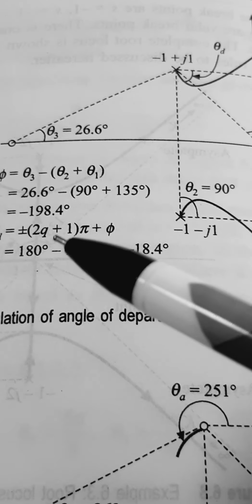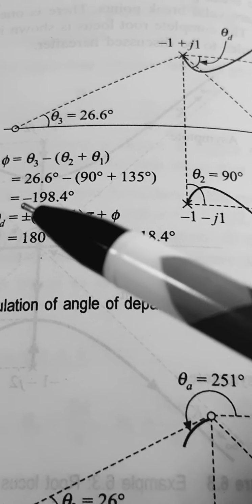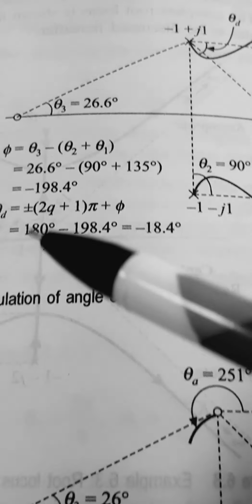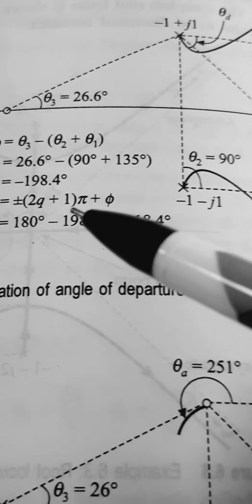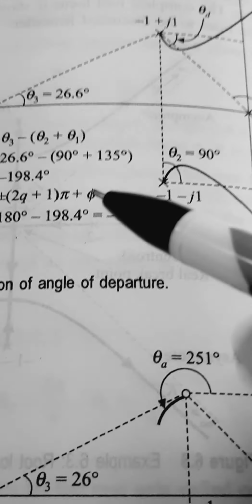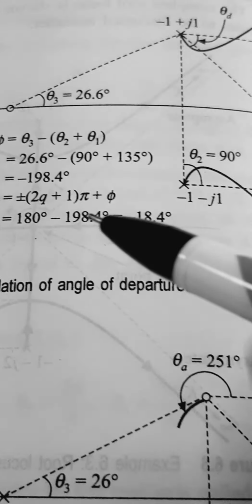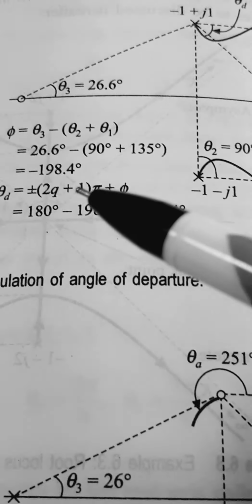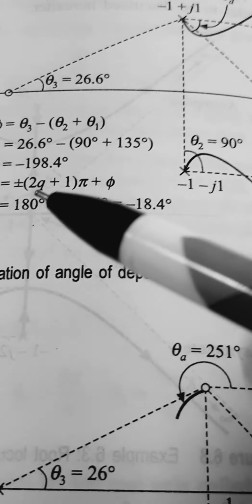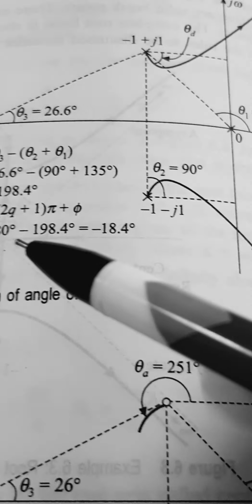Now theta d is calculated with plus or minus (2q plus 1) pi plus phi. When you are calculating it, you need to take 180 degree.